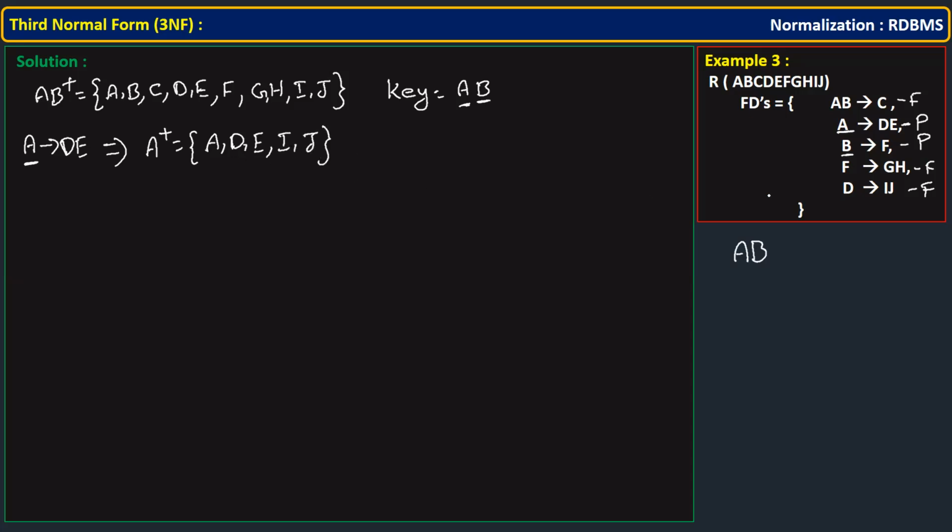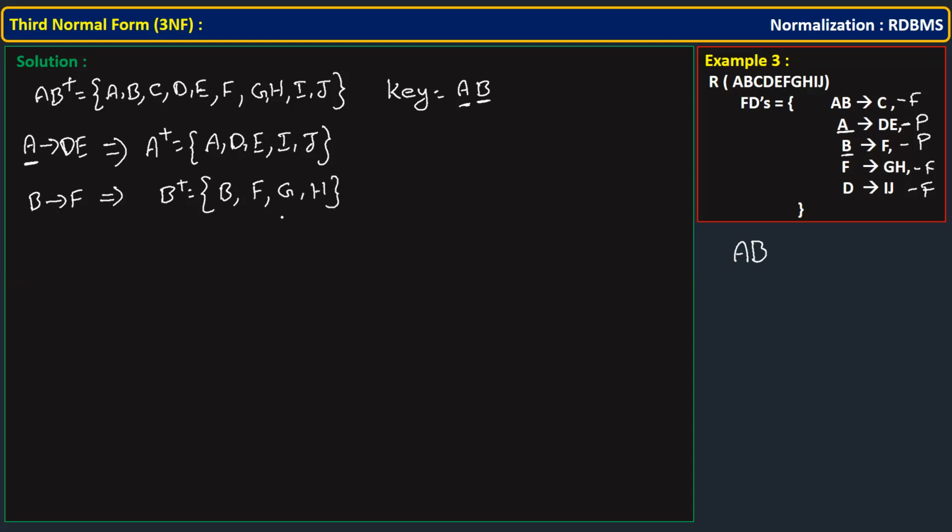Is it deriving any other? No, actually. So this is one relation we are going to make. And next, another partial dependency, let us take B derives F. So if you take the B closure, okay, B and B derives F. F derives GH. So GH.